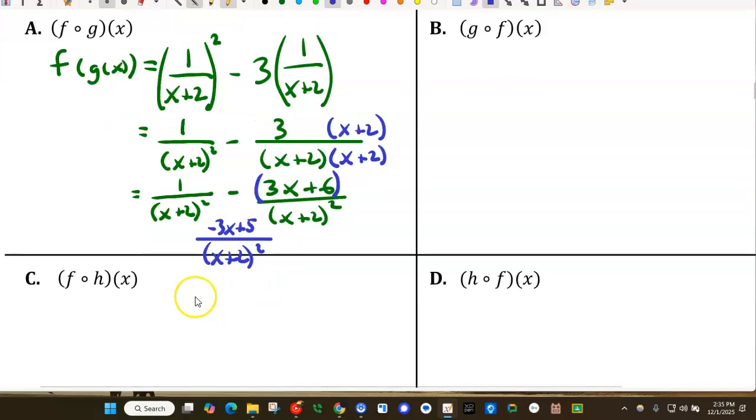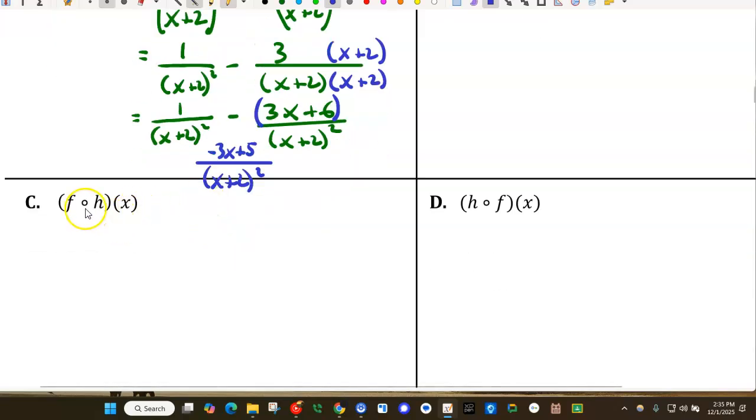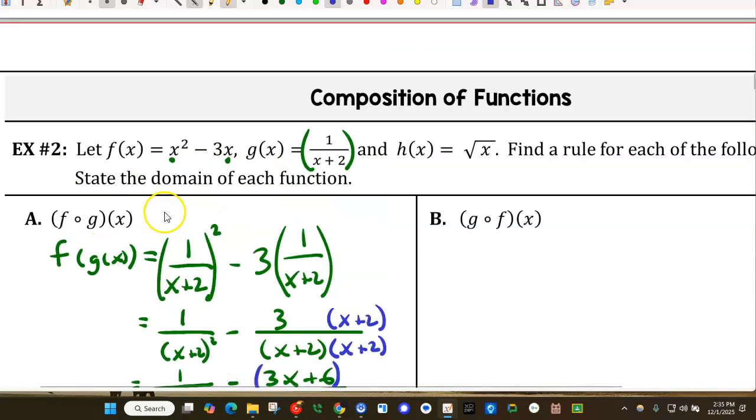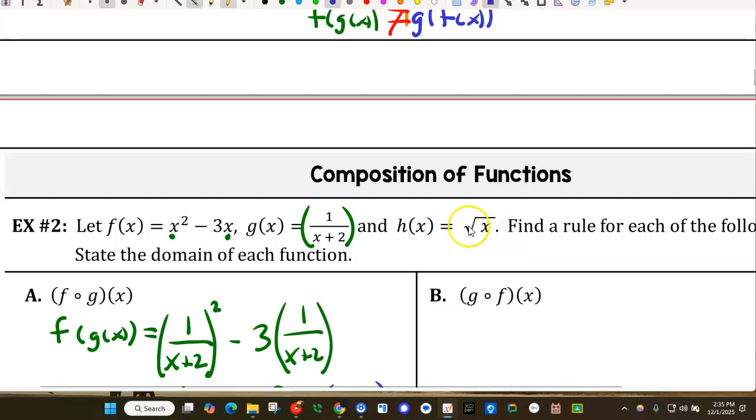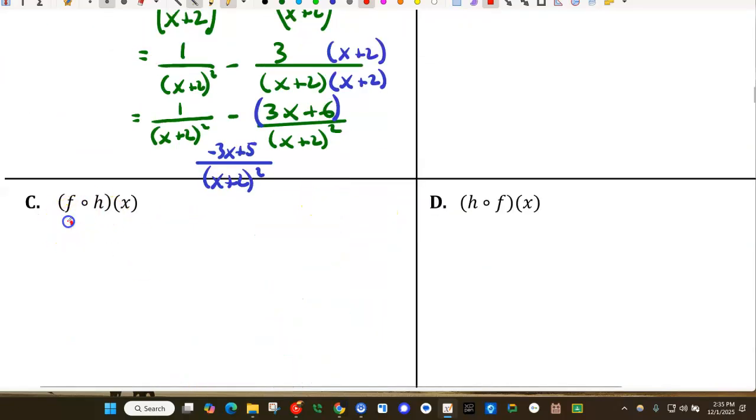All right, let's go down to C and practice f of h of x. So we're going to have h, which is a radical, and we're going to plug that into right here. So each of these x's, instead of being replaced by what was here, we're now going to replace it with square root of x. So notation first, write it out.